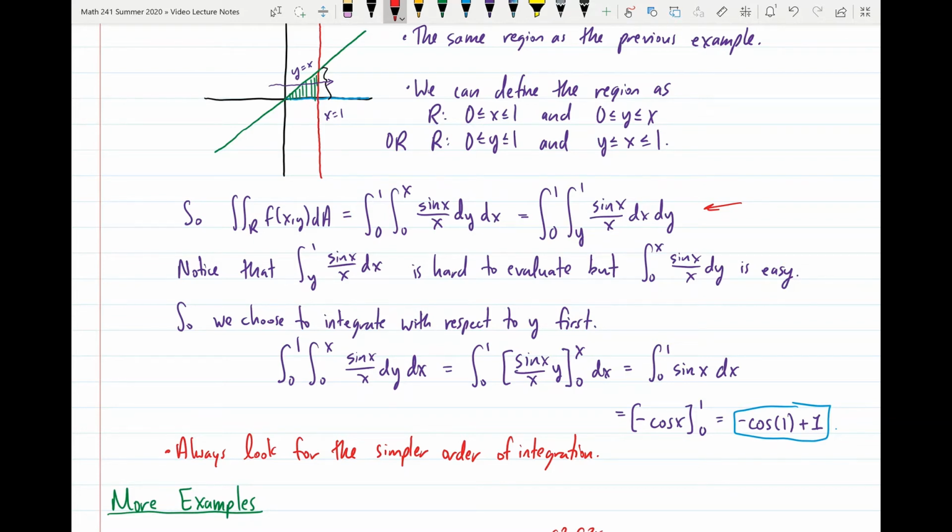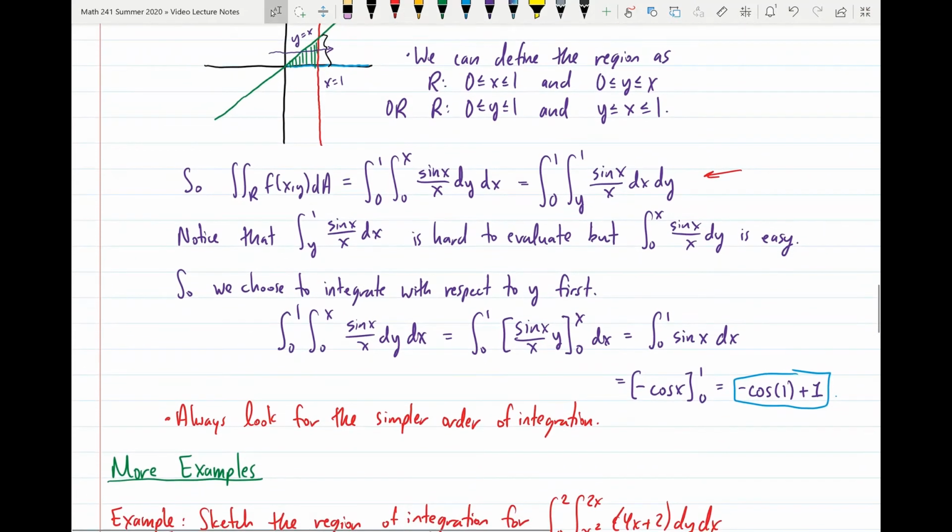There's probably a way to integrate if you would expand sine of x with its infinite series expansion, and then divide each of the terms by x, and so you could get an integral where you have an infinite series, possibly. But it's certainly going to be much more difficult than if we integrate with respect to y first. If we integrate with respect to y, then the problem actually becomes very simple.